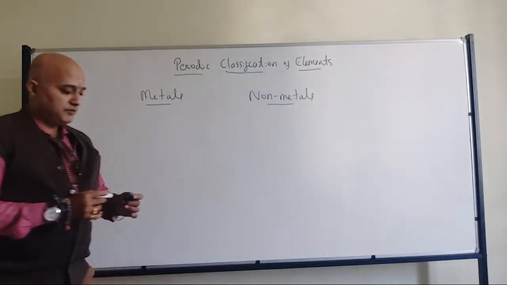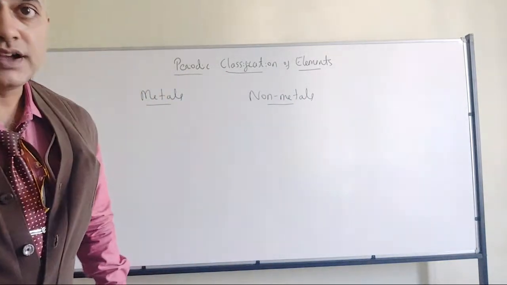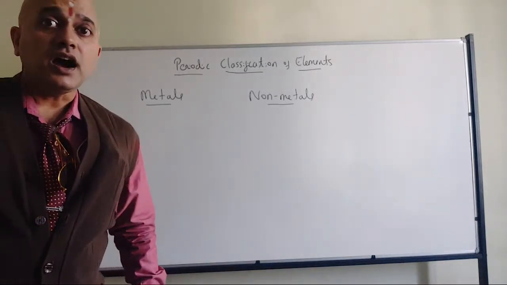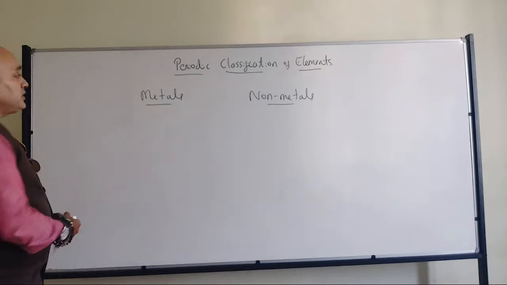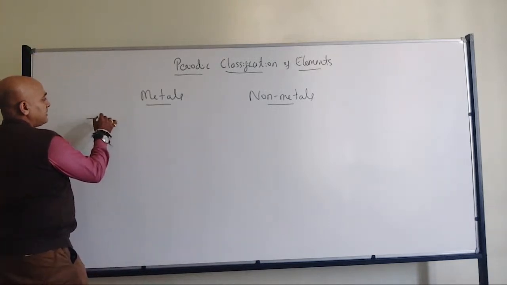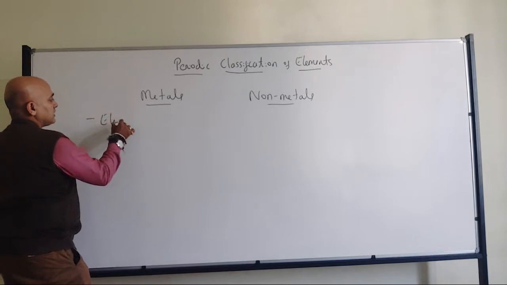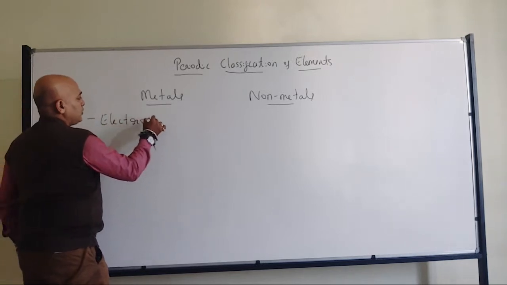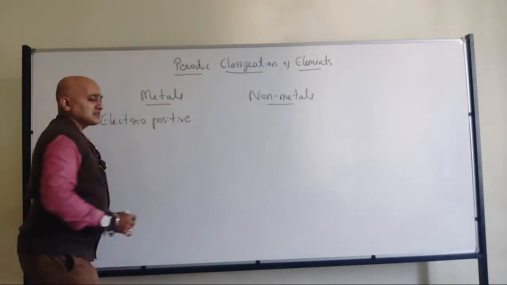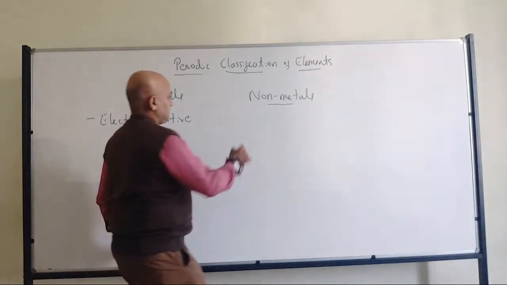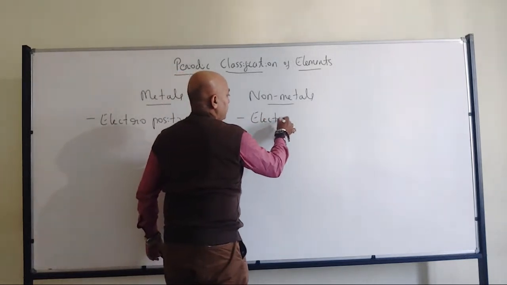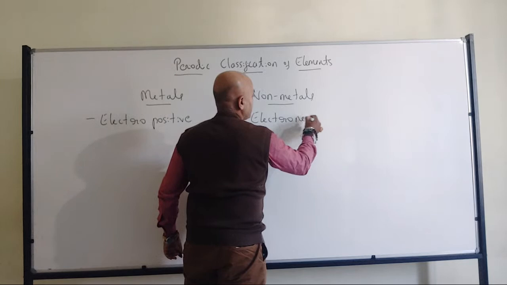Now, if I want to distinguish between these two with respect to the periodic table, naturally metals are electropositive elements. When it comes to non-metals, they are electronegative.